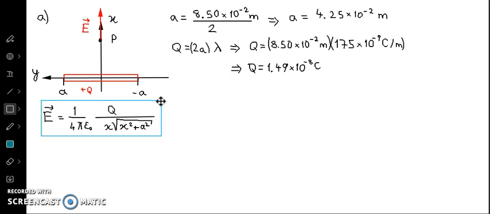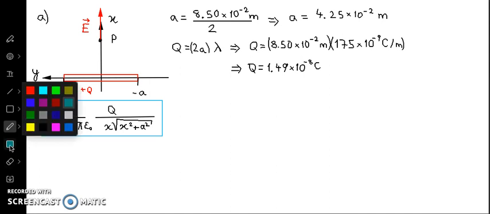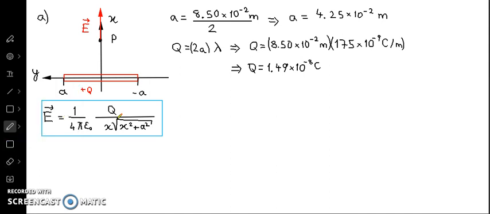I'm realizing that I forgot to put the unit vector here. So the electric field is vertical, pointing up away from the straight wire. The straight wire has positive charge on it, so the electric field should be pointing away.